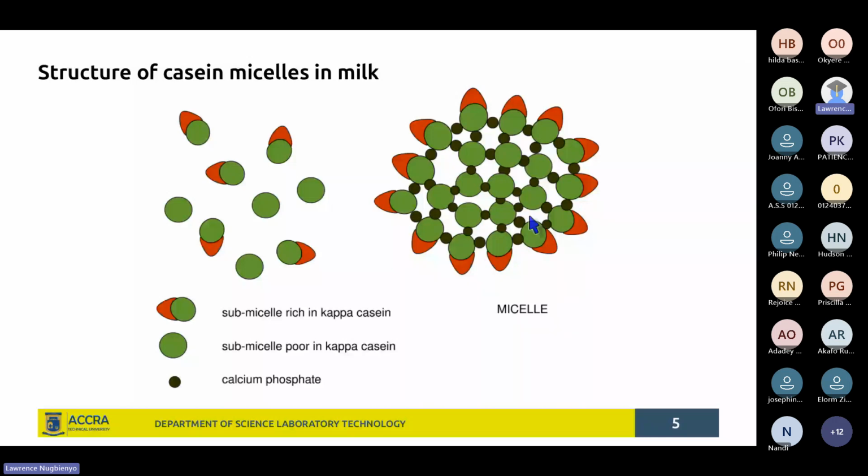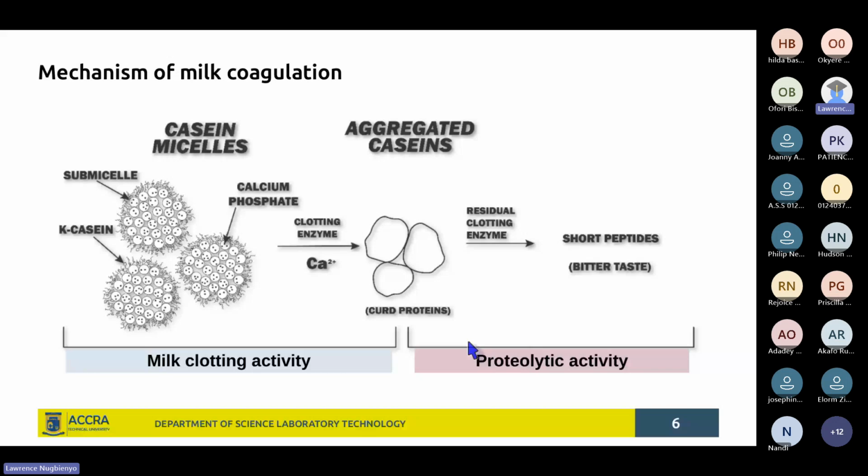But when you do have the enzyme chymosin introduced into milk, what chymosin does is that it goes to break down the casein. So the casein is a protein.